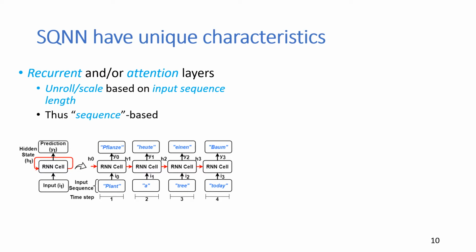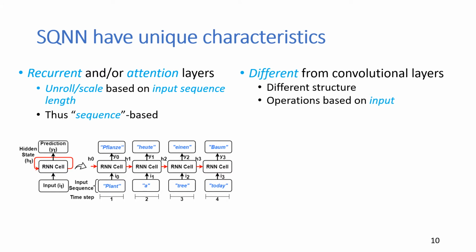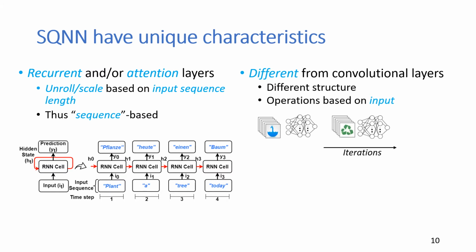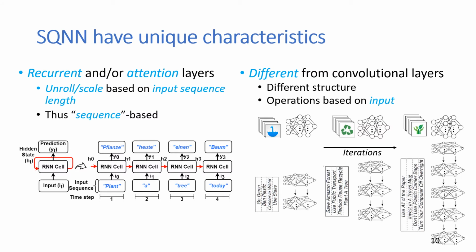The figure shows how a single RNN cell, when inputted with a sentence, unrolls as many times as there are words or steps in the input, while passing along information from one step to another. This is why we term these networks sequence-based neural networks. And this makes SQNNs different from CNNs. While CNNs process fixed size inputs throughout the course of training, SQNNs process inputs of varying sizes, making their iterations heterogeneous.